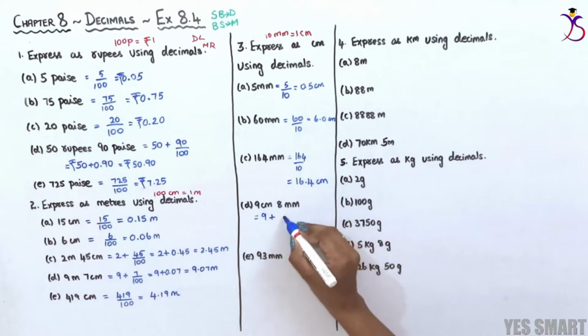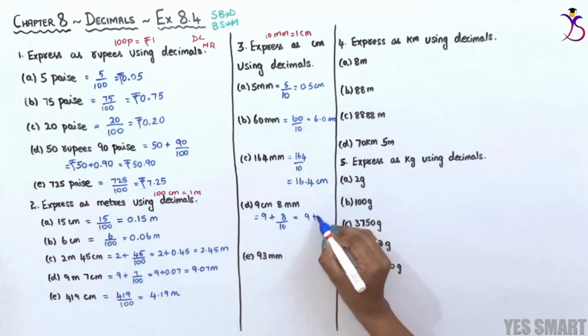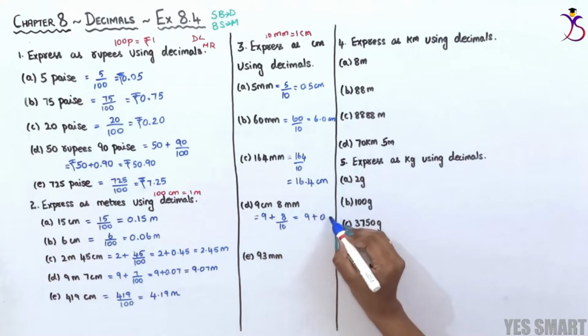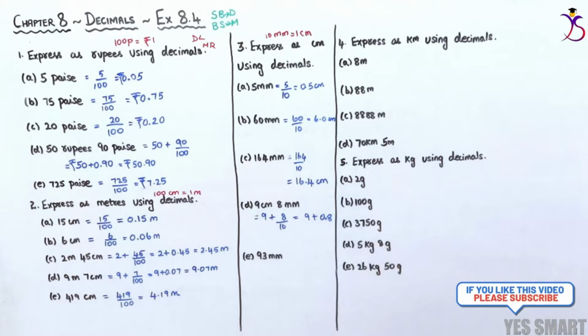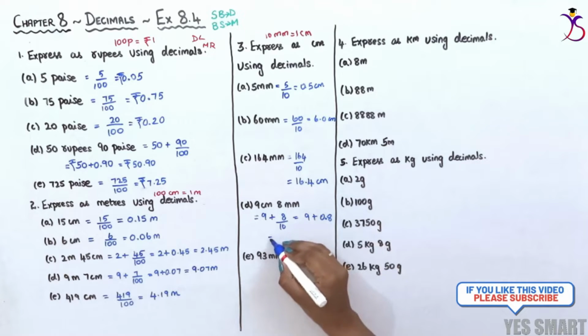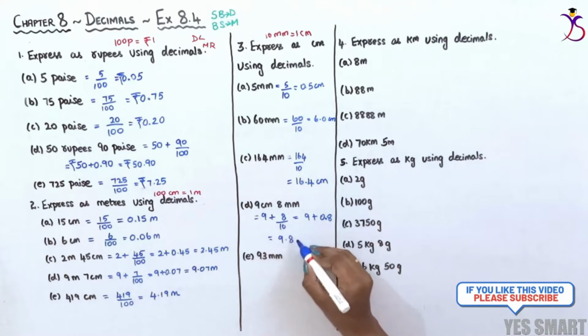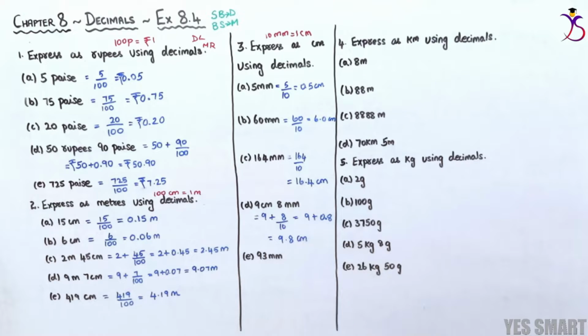So 9 plus 8 by 10, which is 9 plus 0.8, just placing the decimal point before one digit. So 9 plus 0.8 is 9.8 centimeter. Last subdivision, 93 millimeter. So 93 divided by 10. We have 1 zero, so we are moving the decimal point by one digit to the left. So this is equal to 9.3 centimeter.